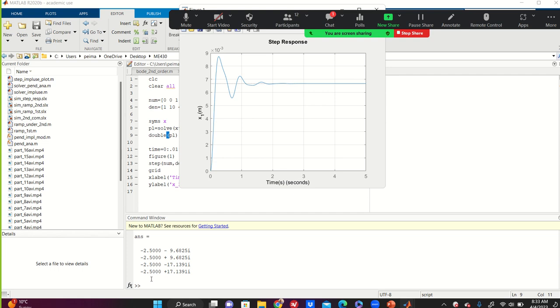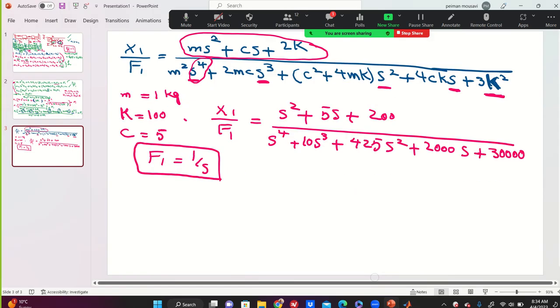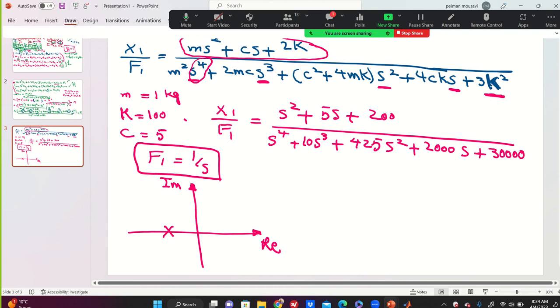On the other hand, if you plot the poles, this system has 4 poles. If you plot that, real, imaginary. So here is minus 2.5. Oh, sorry, I have to delete this.